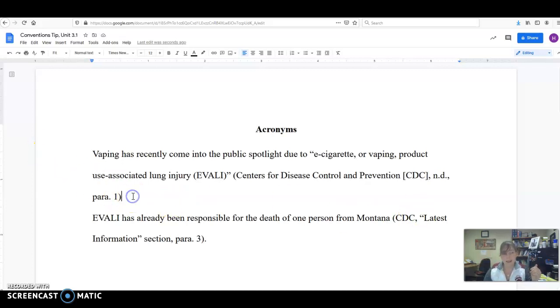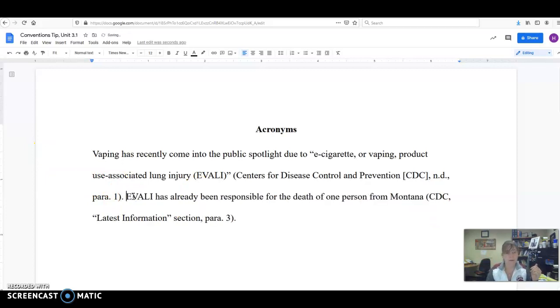The next time CDC appears in your paper, let's say you have another parenthetical citation, you're only going to use the abbreviation CDC. No square brackets, nothing special or fancy, just this. If you refer to them outside of parentheses, you're going to do the same thing.